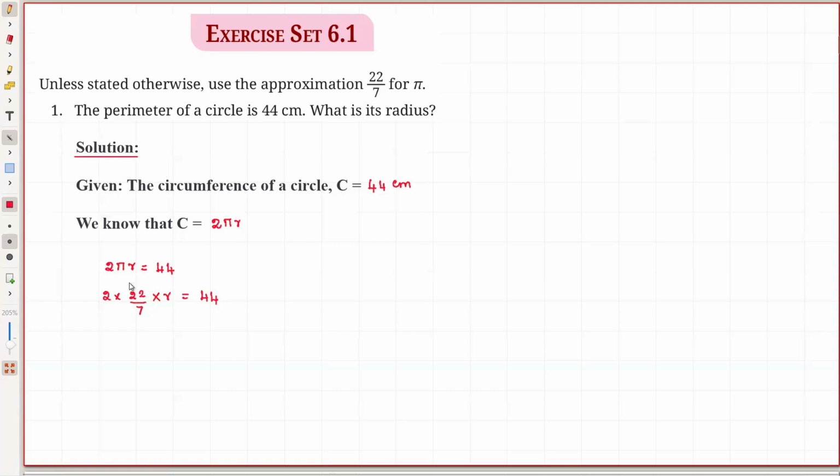We cannot cancel anything here, so 2 into 22 we can write as 44. 44 by 7 into radius is equal to 44.